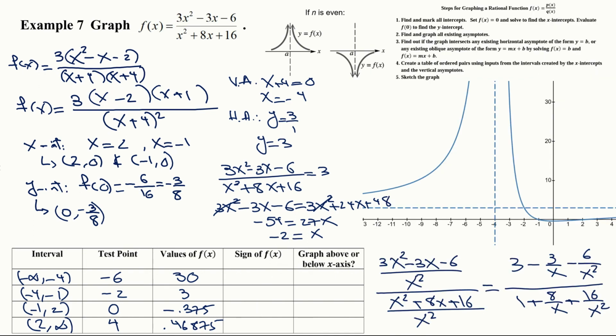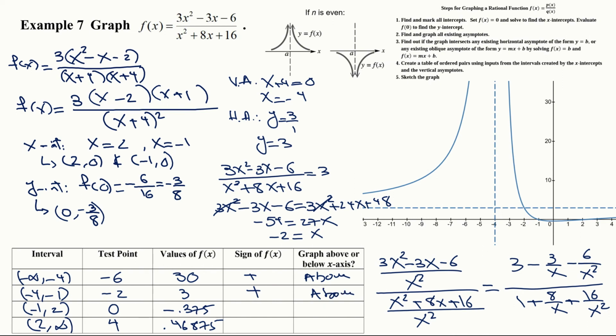Okay, now the sign of f of x, of course, to the left of -4 is positive. That means it's going to be above the x-axis. The sign of f of x between -4 and -1 is going to be positive because that's 3, and that means it's also going to be above.